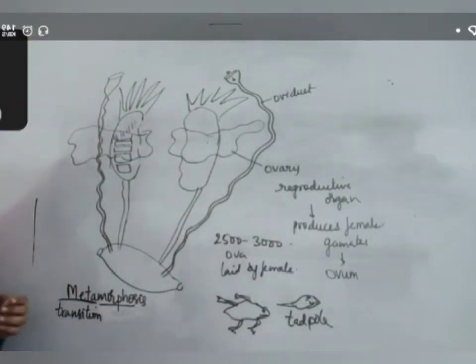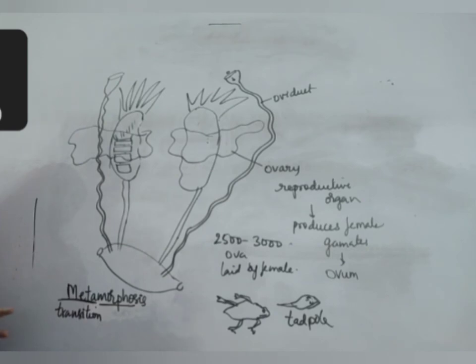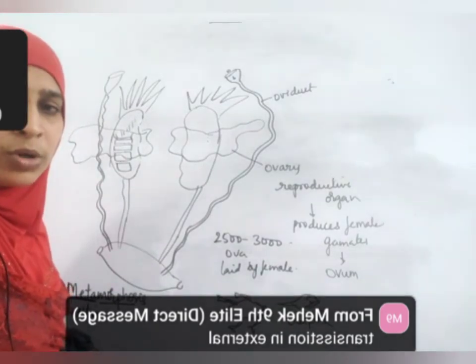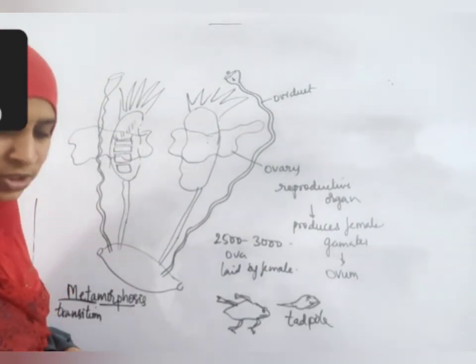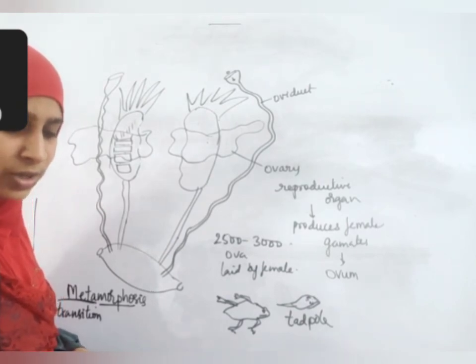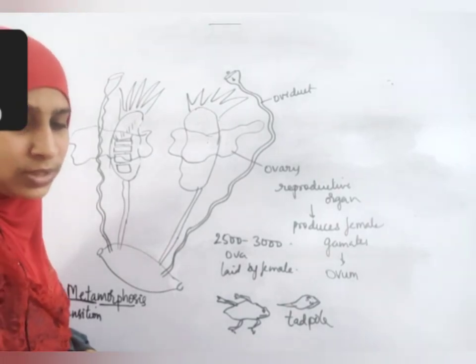External features of this organism are changing. The tadpole is changing to turn into an adult frog. That is why it is called metamorphosis.